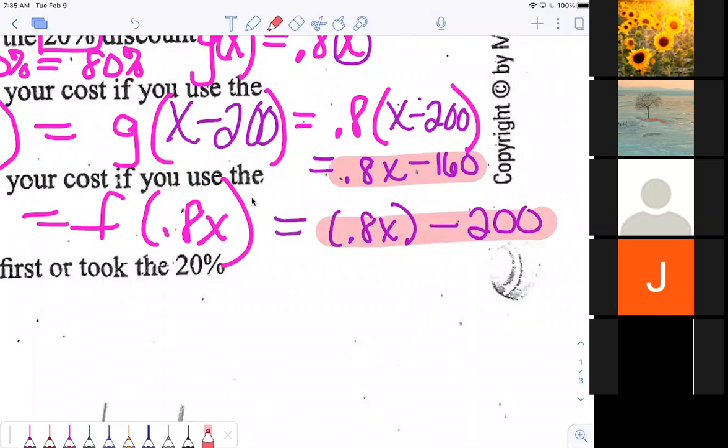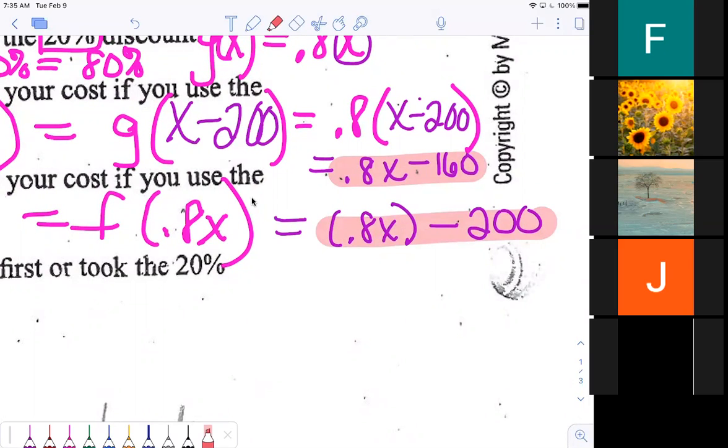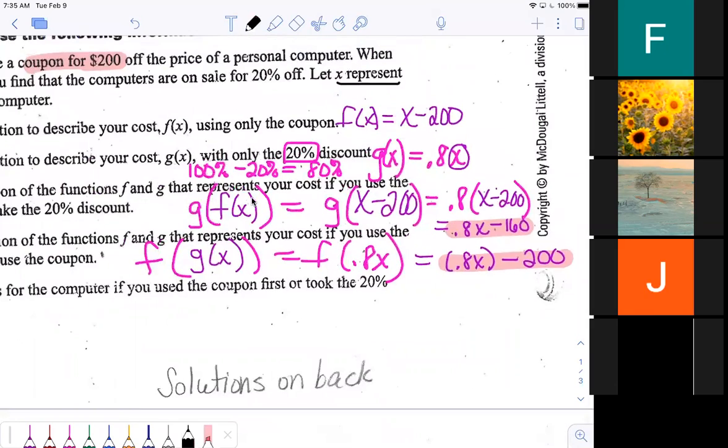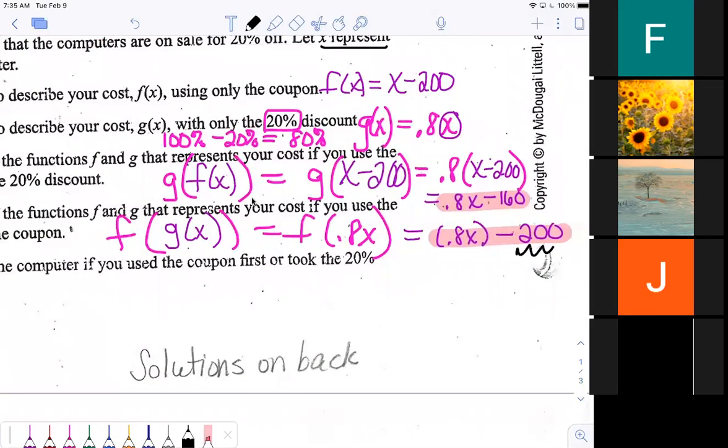The one if you use the discount first. Yeah. Because if you use the discount first and then take off the $200, you're using the discount and then subtracting $200. Whereas the other one, after you multiply and simplify, you are actually just taking off $160. So that would be taking the discount first and then subtracting the 200.